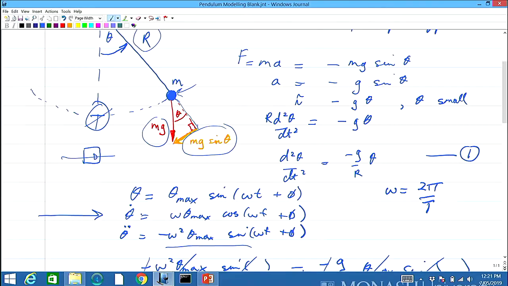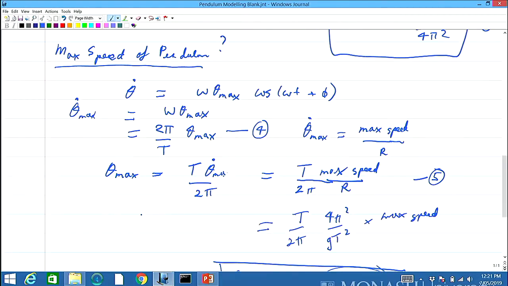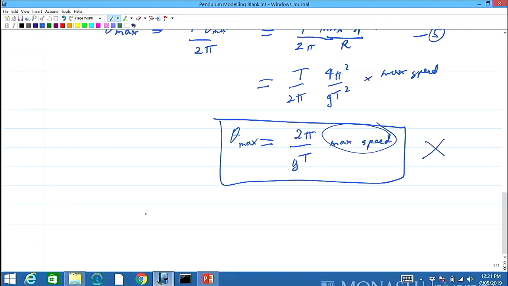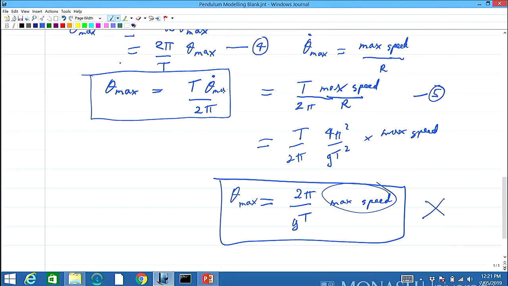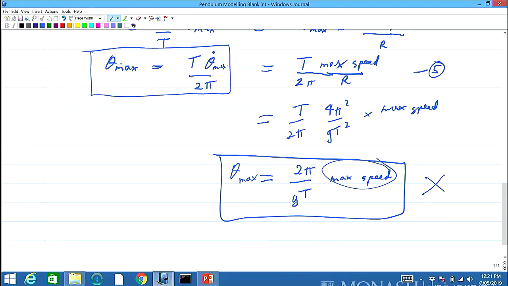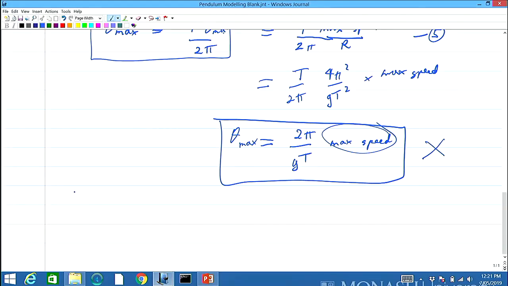All right, so let's go back and do this properly. All right, so we can still work with this equation here. This one's good. So let's have a look at theta max dot. Theta dot, the maximum angular speed of the pendulum. Okay, we need to measure that.